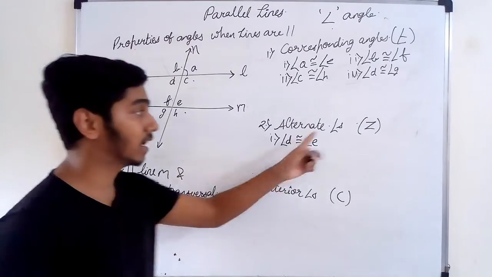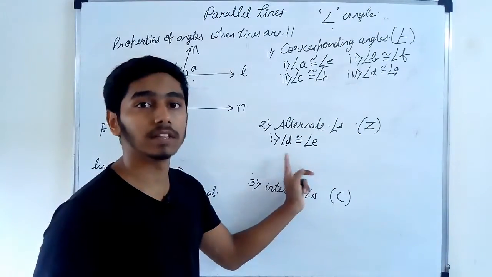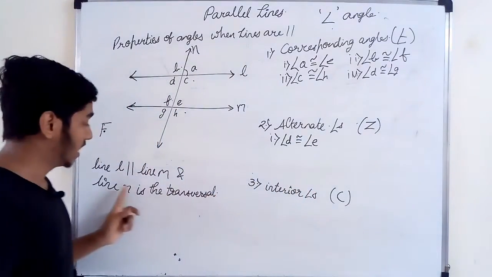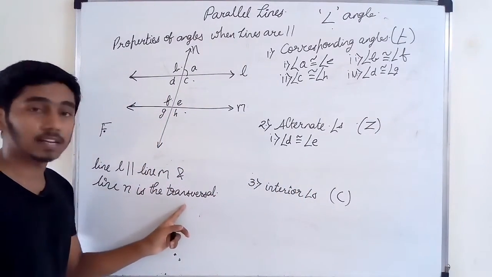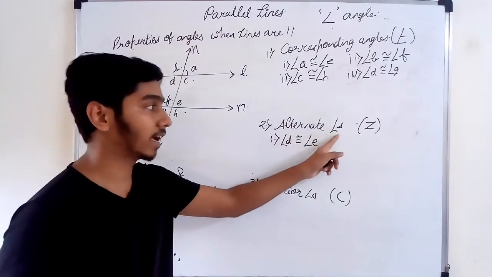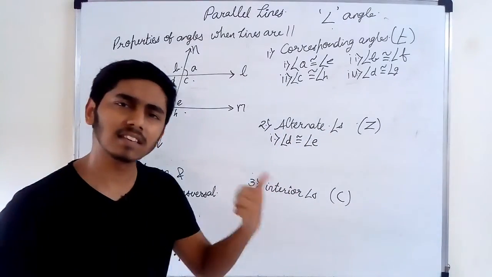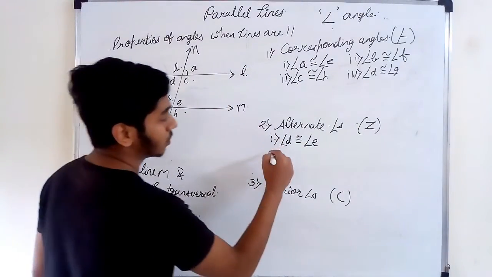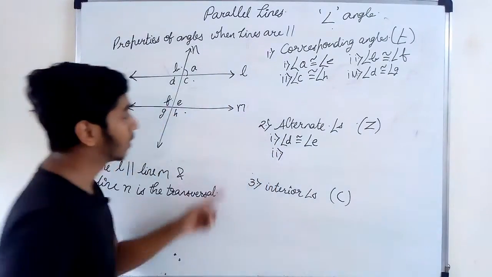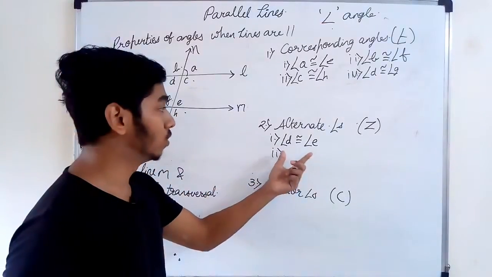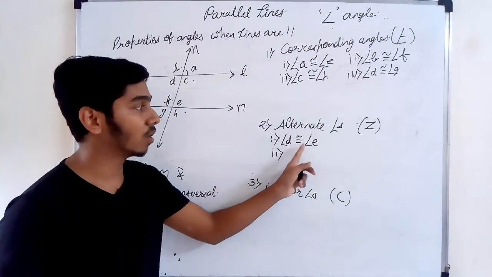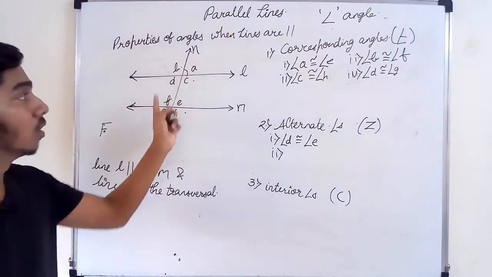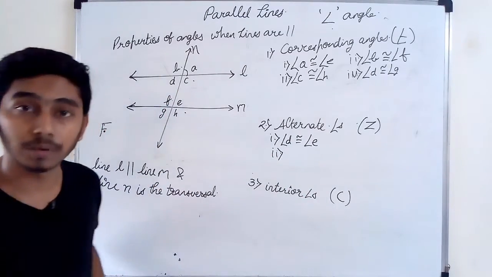Again, there is a theorem involved in this, which says if the lines are parallel and there is a transversal, then the alternate angles are congruent. We'll be doing that in the next lecture. Then another pair, and also there is a rule which says if one of the alternate angles is congruent, then all the other alternate angles are also congruent.